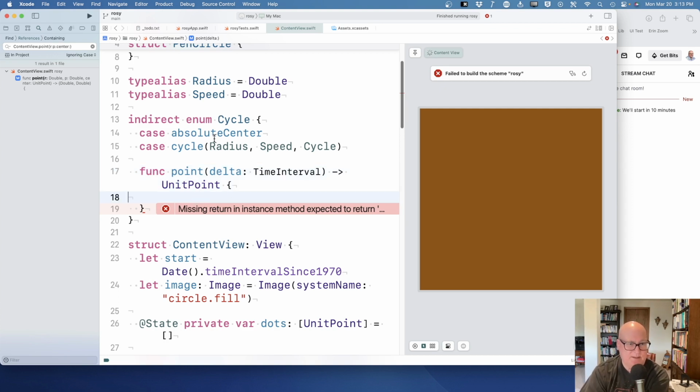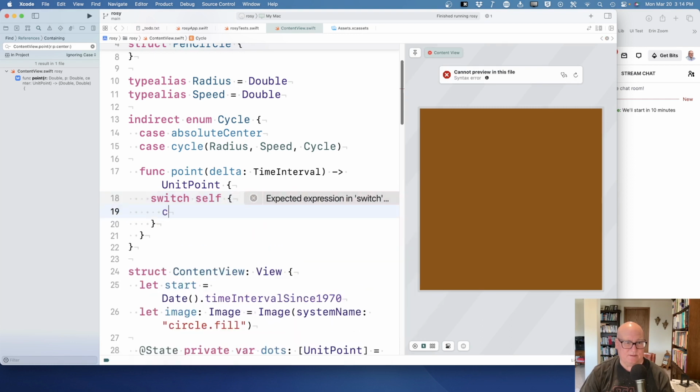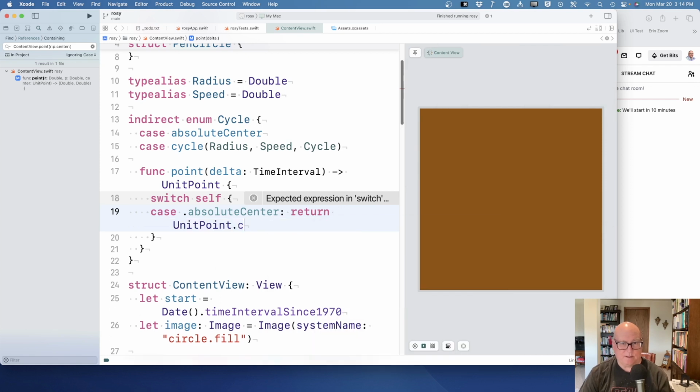Well, there's two cases. Switch self case absolute center, and we're going to return unit point dot center.